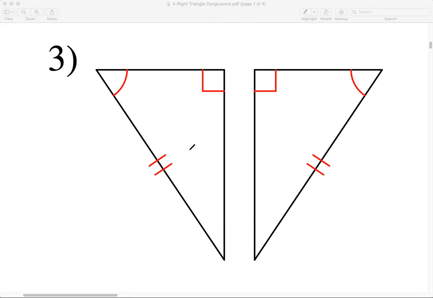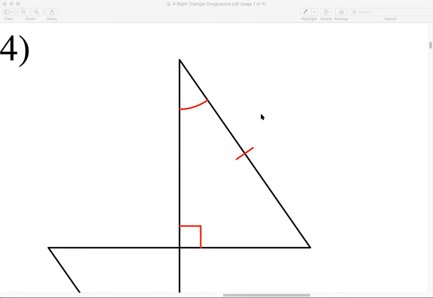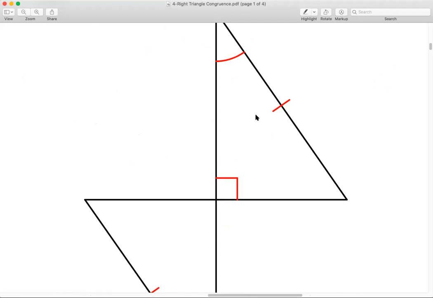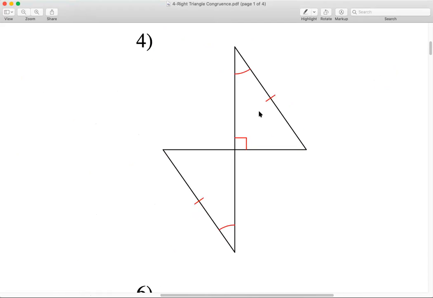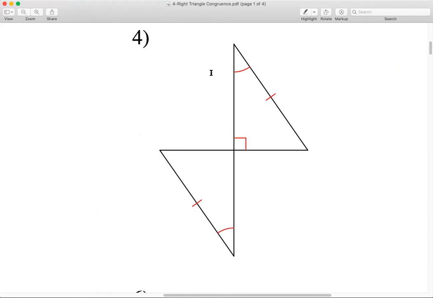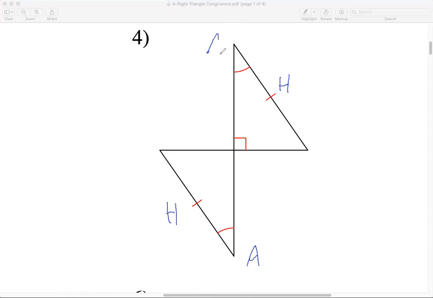All right, now let's go to example number 4. In number 4, we have this example. Let's see. Okay, let's find out. So we have here an angle given, a side, the hypotenuse. This is the hypotenuse, and the angle, and the angle.